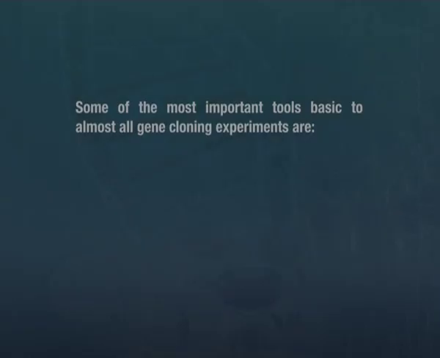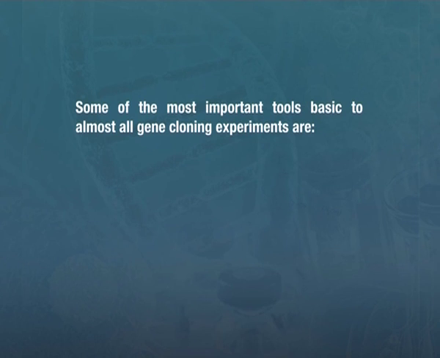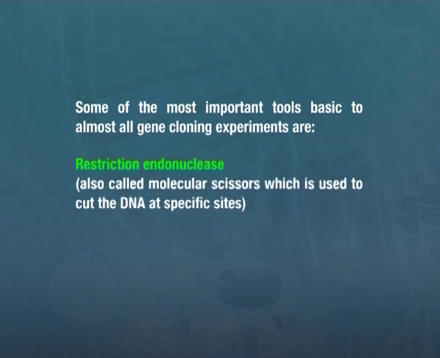Genetic engineering or gene cloning employs certain biological products and biological agents, which may be referred to as genetic cloning or genetic engineering tools, for achieving its objectives. Some of the most important tools basic to almost all gene cloning experiments are restriction endonucleases, which we also call molecular scissors, used to cut the DNA at specific sites.